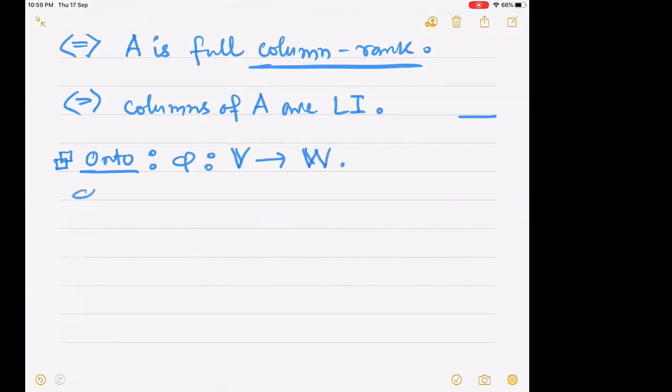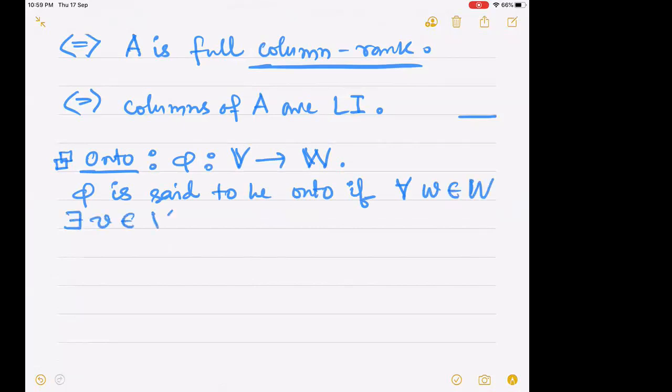Phi is said to be onto if for all w in W, there exists a v in V such that phi of v is equal to this w.